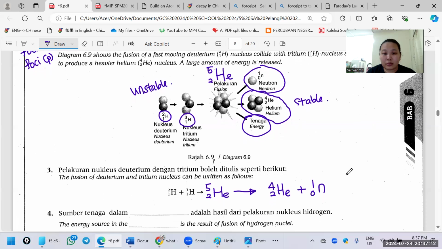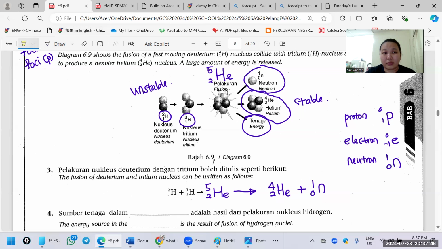Okay, so a summary in case you forget. Proton is 1, 1. Electron is e, 0, negative 1. Neutron is 1 neutron and no proton.